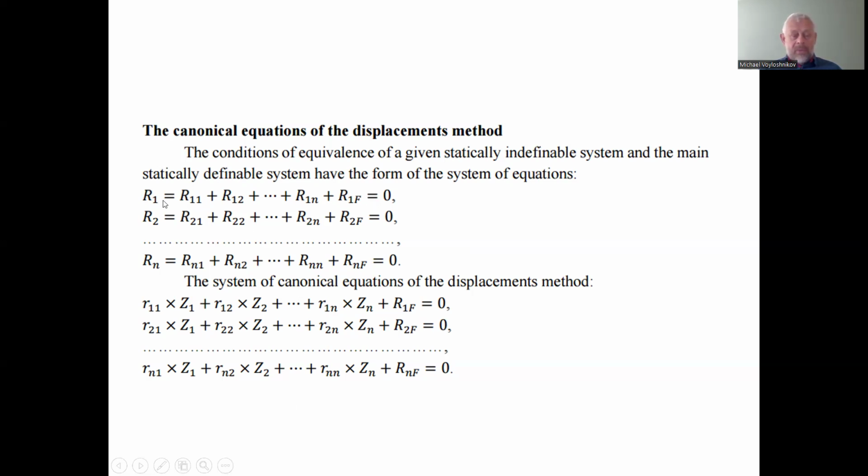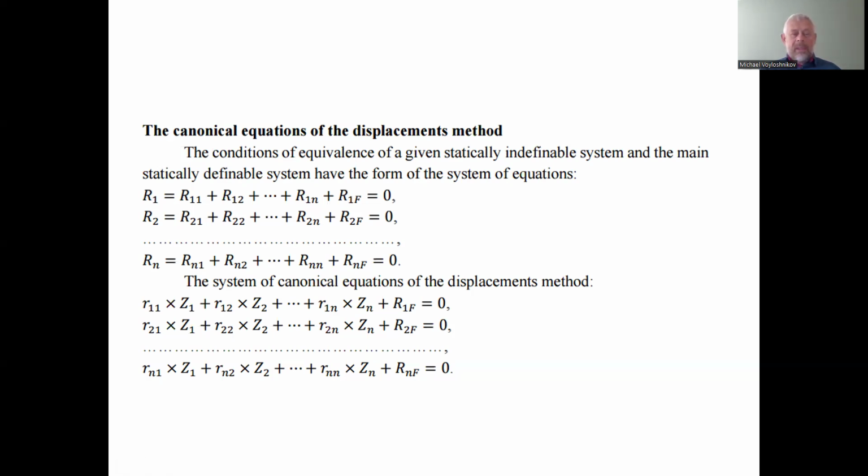So the force, which is the result of the action of all displacements onto the displacement in the definite one direction, which together, according to the concept of the independence of action of all forces, gives us the definite force in the first of the extra connections we provide for the main system in accordance with the statical or just kinematic indefinability of the assigned system.